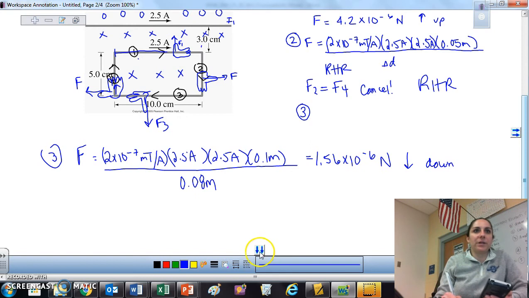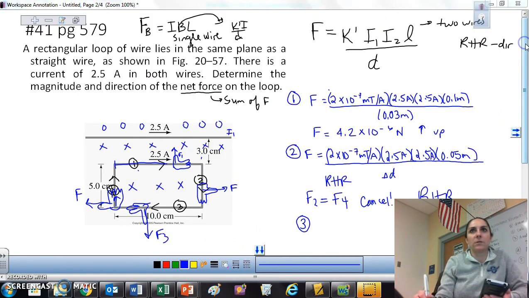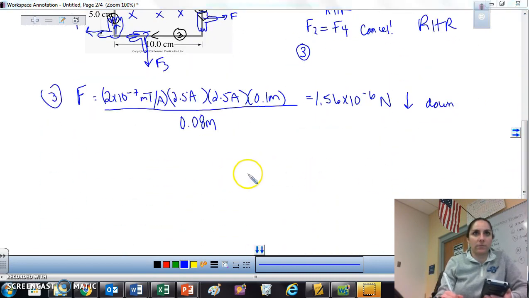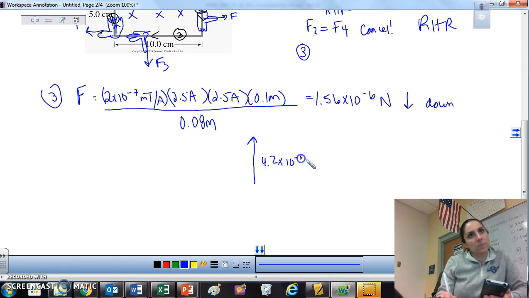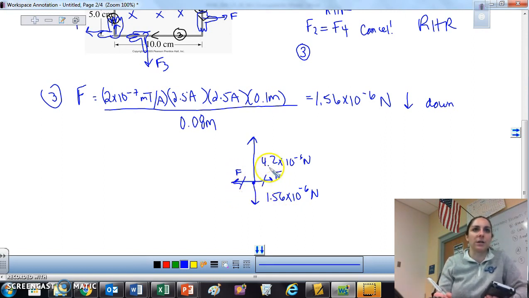If I were to draw a free body diagram of this, just to get an idea, I would have an up force of 4.2, I have a down force of 1.56, and I have equal and opposite forces right and left, which I'll just label as F right now, because we didn't actually cancel it, but we know that if you pull one way with one amount and the same amount in the opposite direction, they're going to cancel.